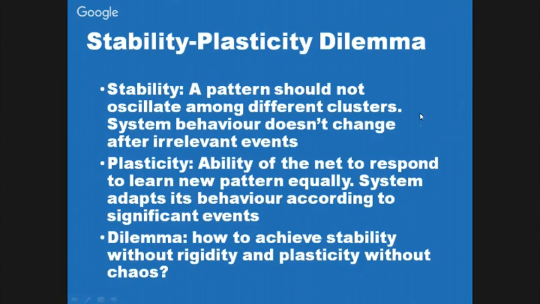Plasticity, on the other hand, says that if a new pattern comes, the net has the ability to respond and learn the new pattern. If you have an existing pattern, it will learn definitely, but after learning, when you input a new pattern, it should learn it very accurately.